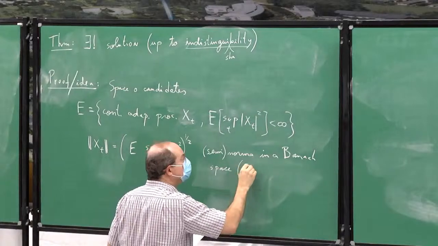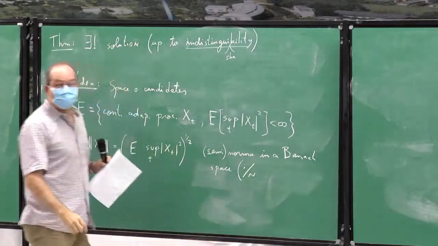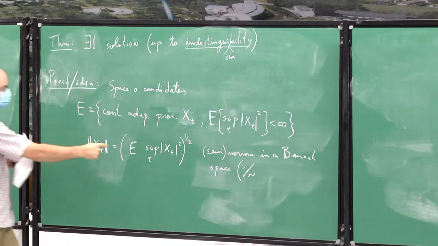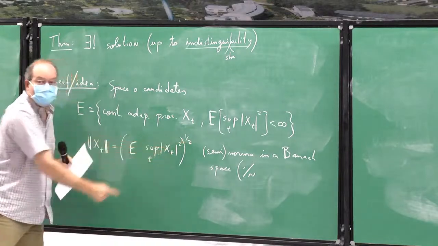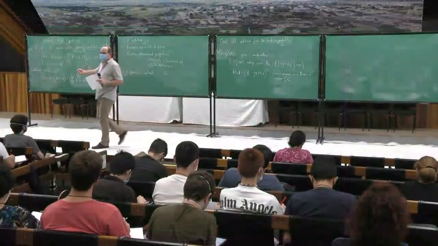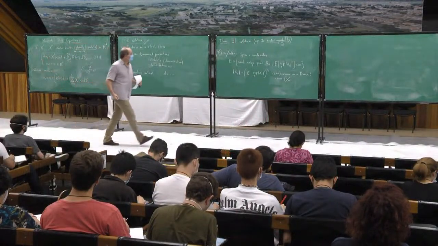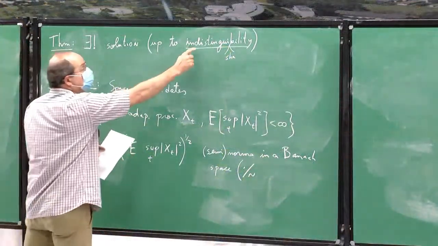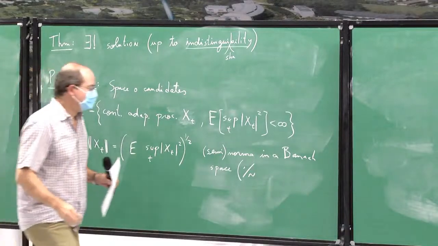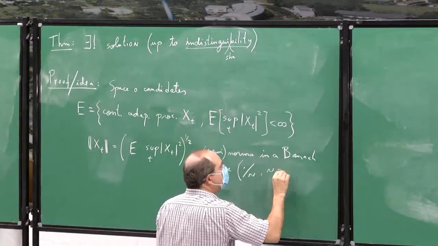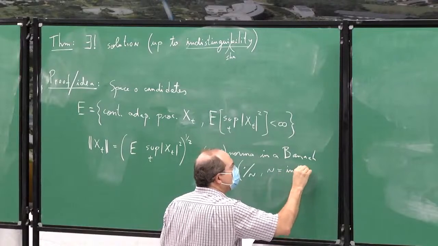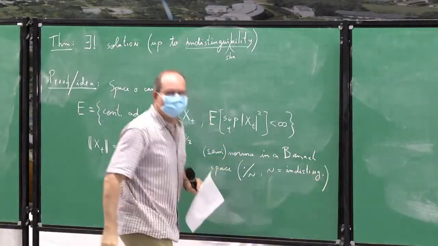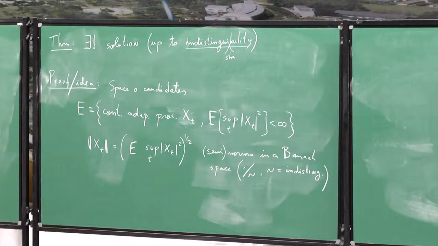And Banach here means that the quotient necessary to transform it into a Banach space is the same quotient we need to transform L2 integrable functions into a Banach space. So up to measure 0, which means up to indistinguishability.